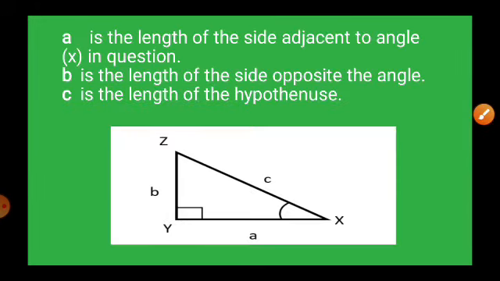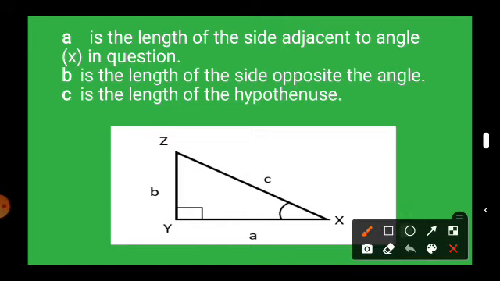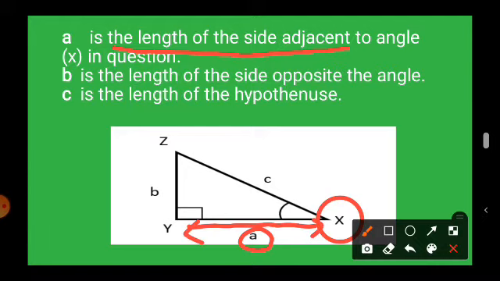To explain, for example, our angle in question is x. The A here is the length of the side adjacent to the angle x in question. So A is the adjacent side because it is along the x angle. B is the length of the side opposite the angle.